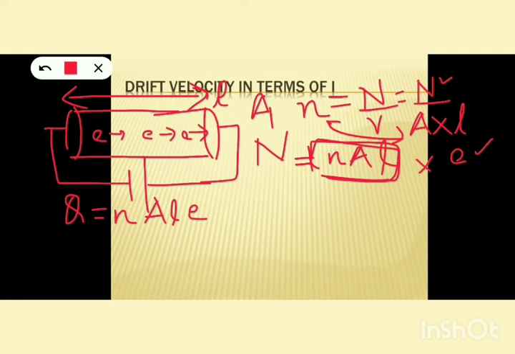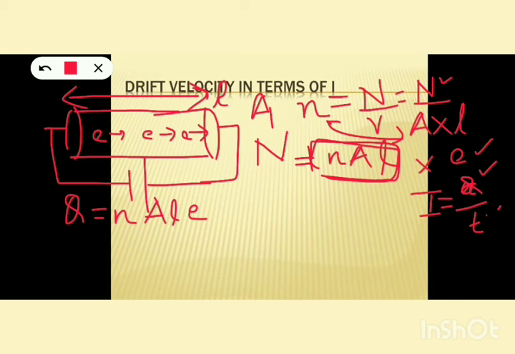We want to find an expression for current. For current, we want I = Q by T. We want charge Q and time T. We got the expression for charge. Now we need an expression for time T. Here we are considering the time taken by the charges to travel through the whole length of the conductor once.